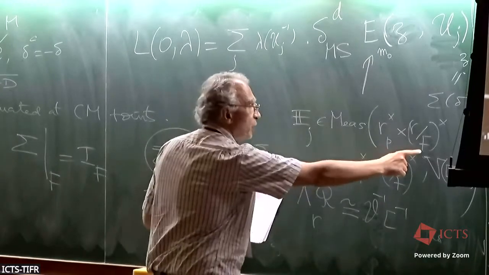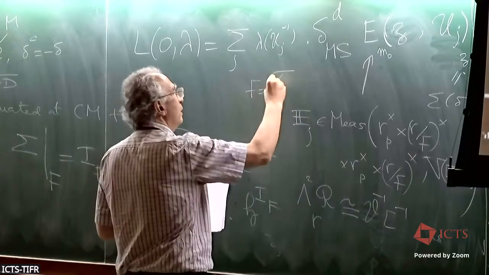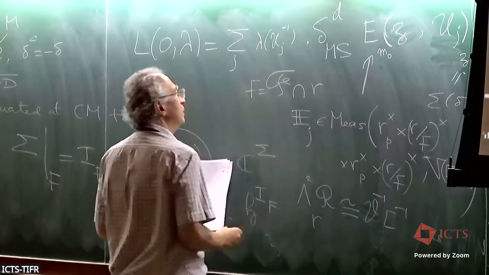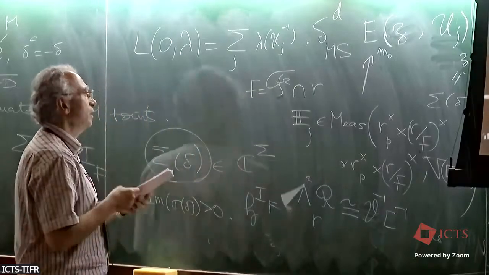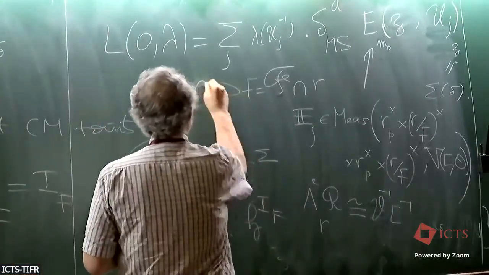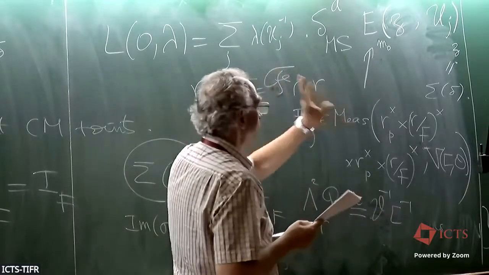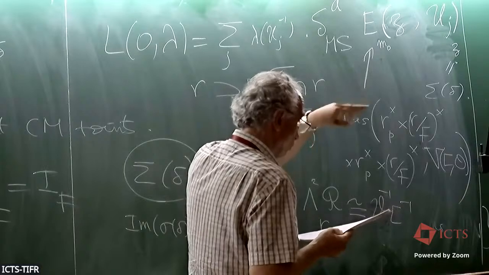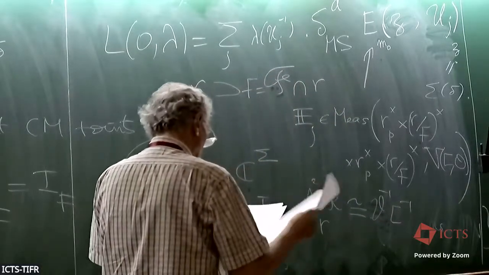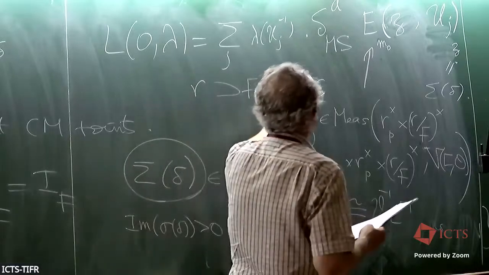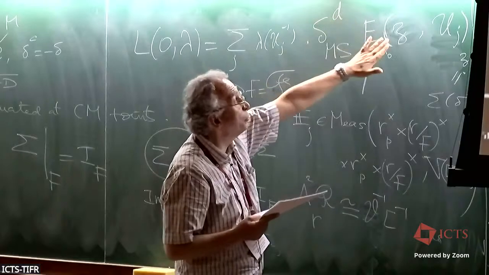So, and what is F? F is F intersection R. So F was the part of relative degree 1 in the conductor, in auxiliary level C, so this is an ideal in R. Yeah, okay, so this construction interpolates these Eisenstein series. So here you keep the variable.